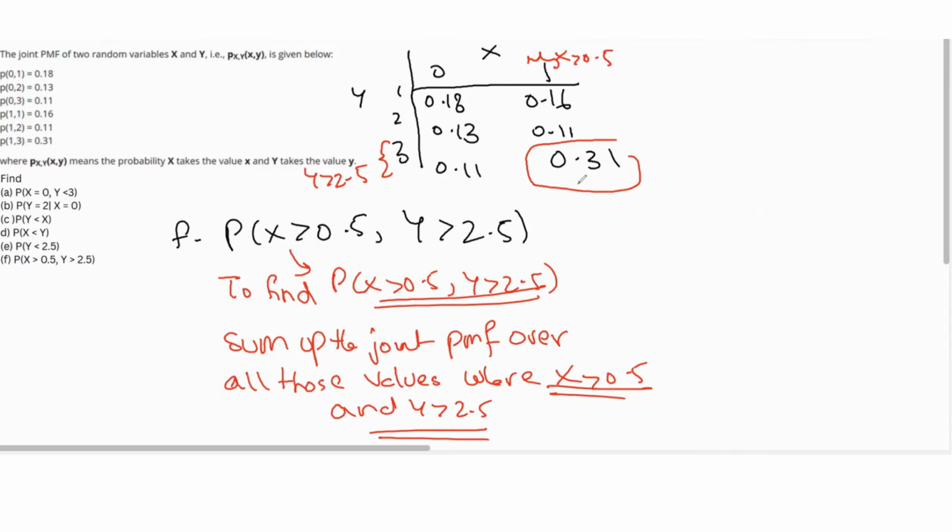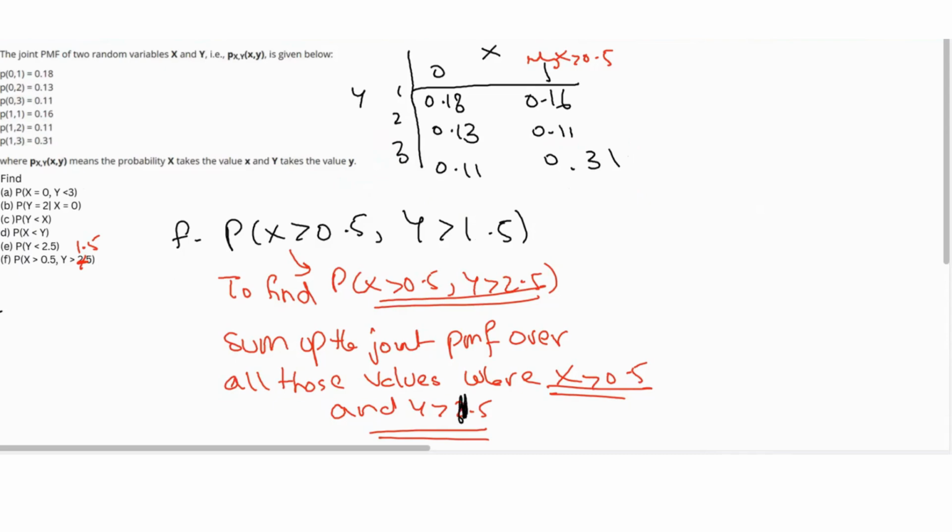Oh, sorry, this is supposed to be y is greater than 1.5. We could have found the probability y is greater than 2.5 as well, but let's do 1.5. So sorry, y is greater than 1.5.